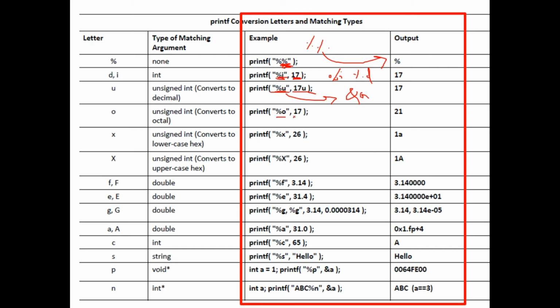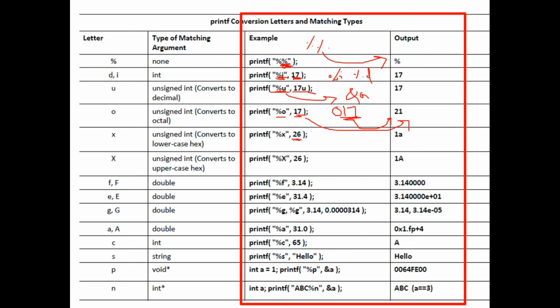%o, now here the octal value of 70, this is a mistake, we should have 017, so it will print the octal value of 17 in its decimal format, that will be 21, and the hexadecimal value of 26. Here, how 17 is represented in octal value, that is 21.